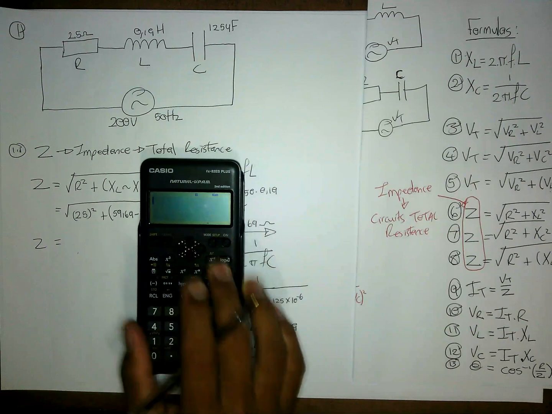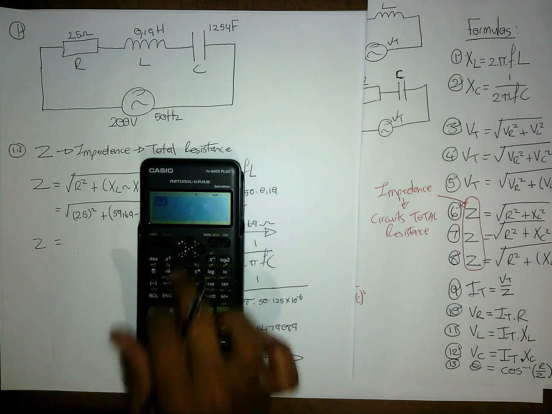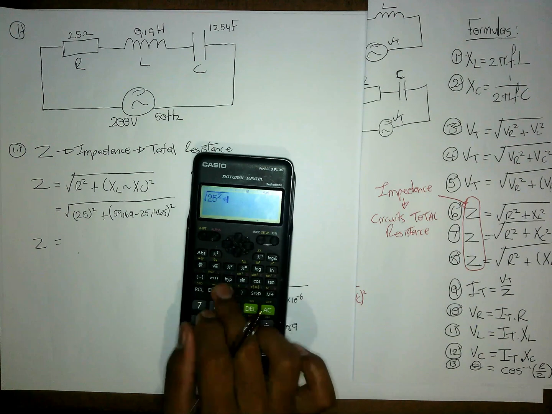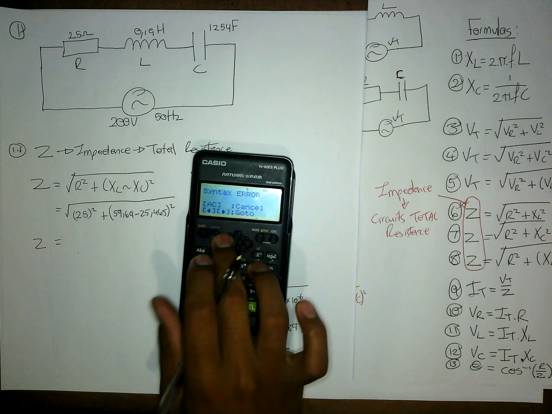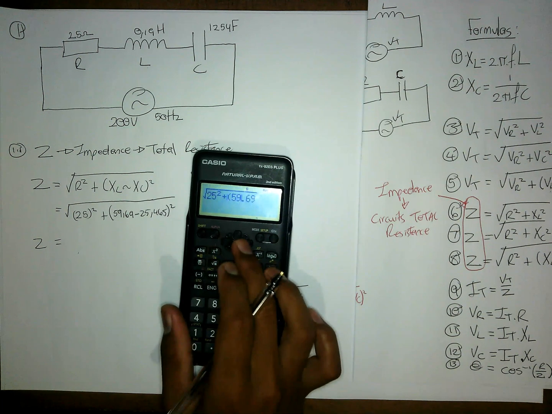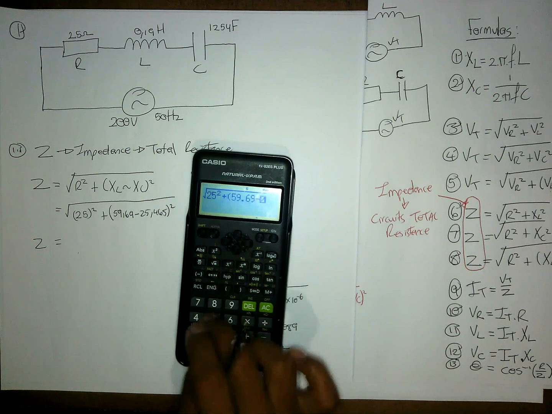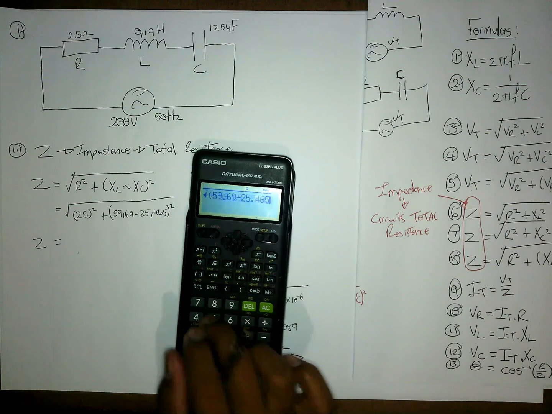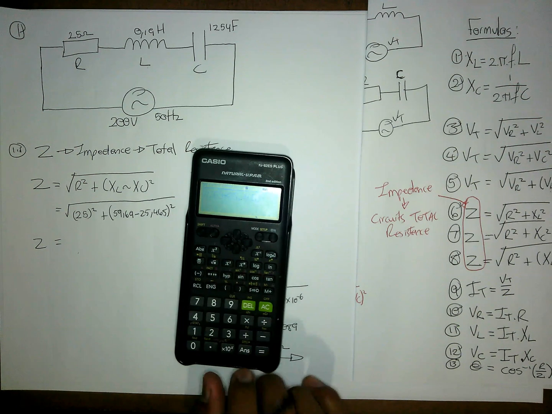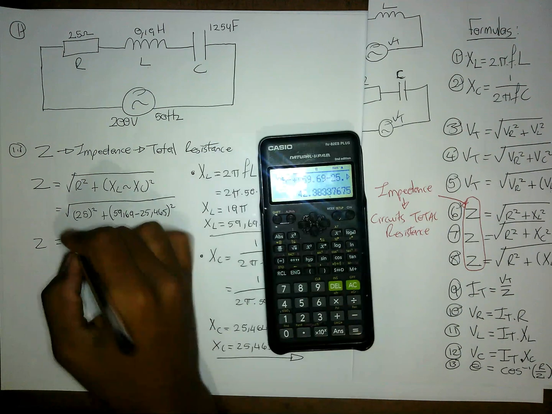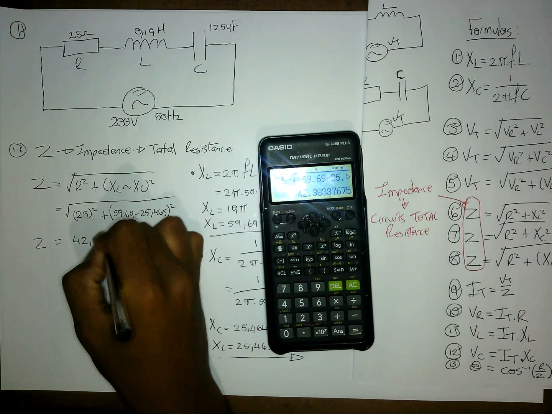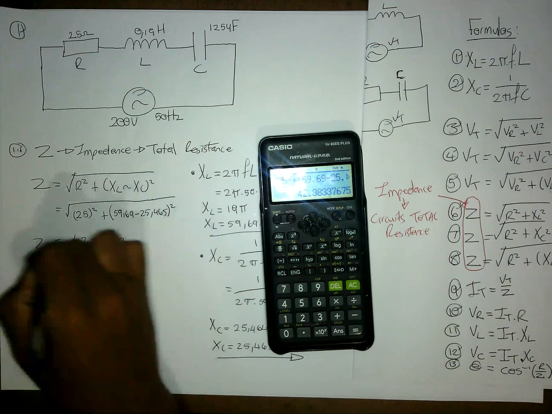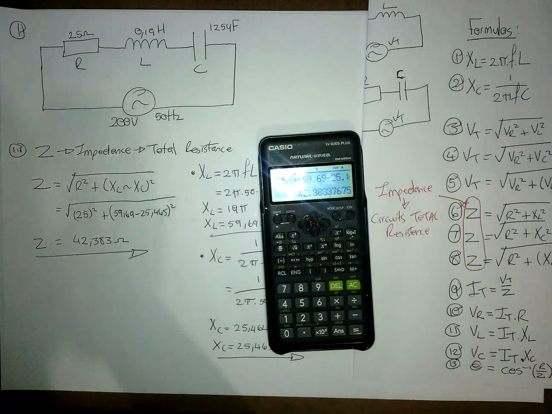What I do now on my calculator: divide, squared, plus 59.69 minus 25.465 squared, equals 42.383 ohms. That's my impedance. Straightforward, finished.